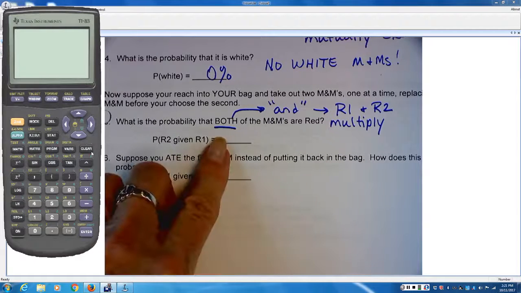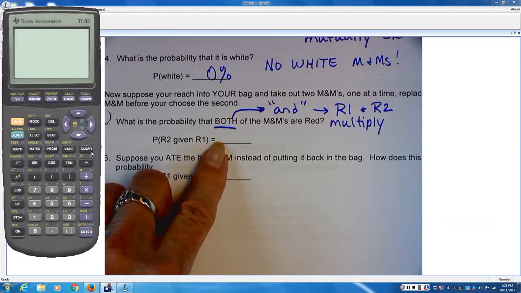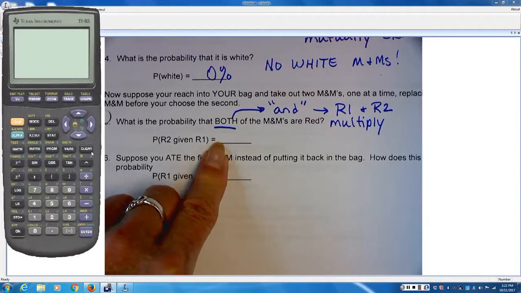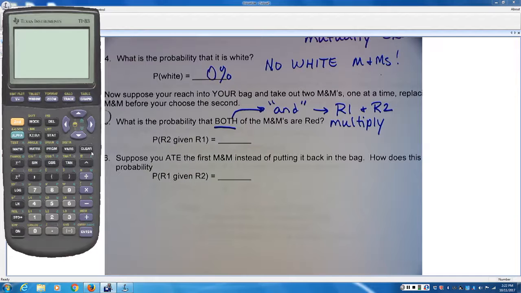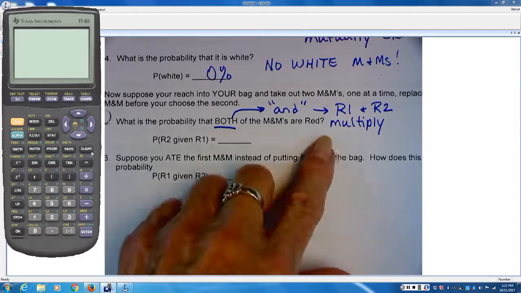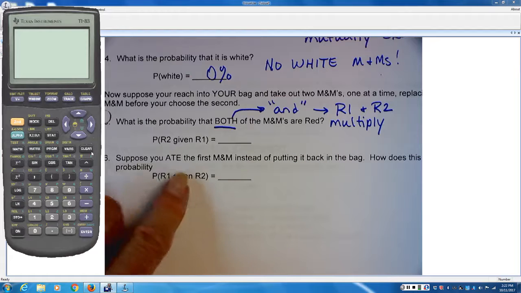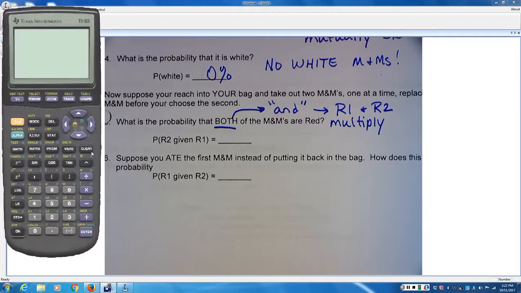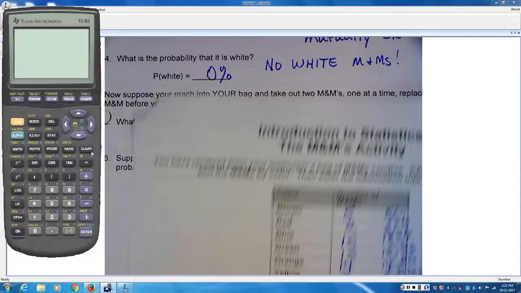That's only if you're working with a question like this. If you have a contingency table, you don't need to remember to multiply. The contingency table does that for you. But if you're working just from a bag of M&Ms, then yeah, you need to know the rule. It means multiply. So what's the probability of my first red M&M? Well, I didn't have very many red M&Ms. I only had 2.